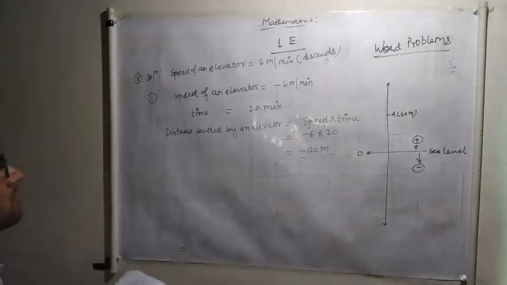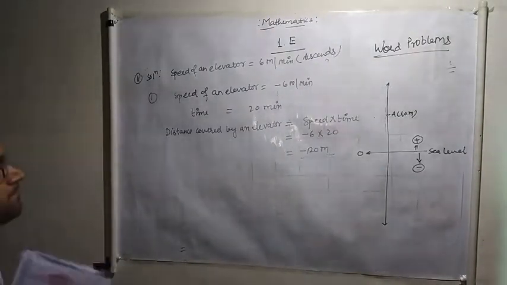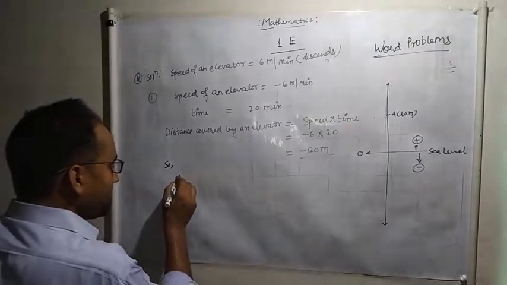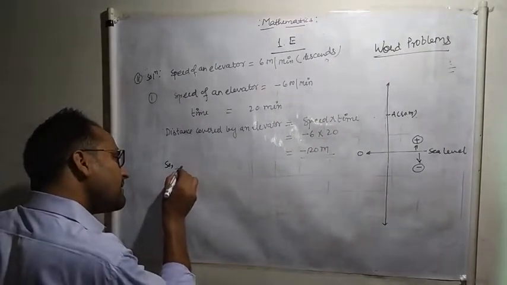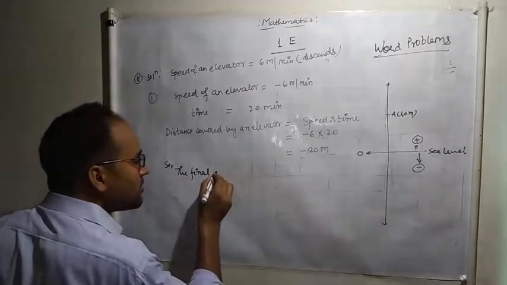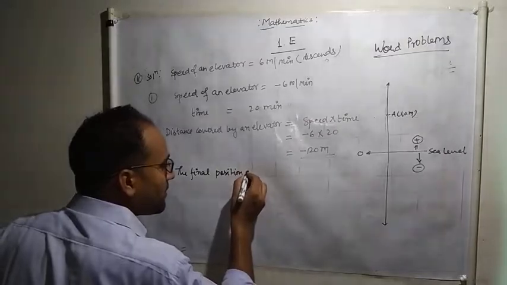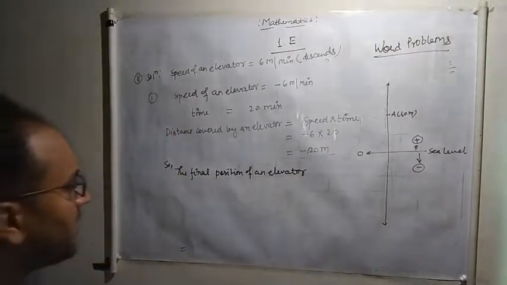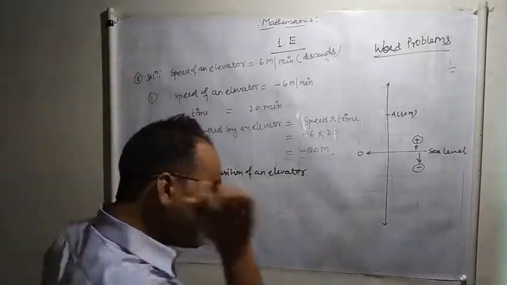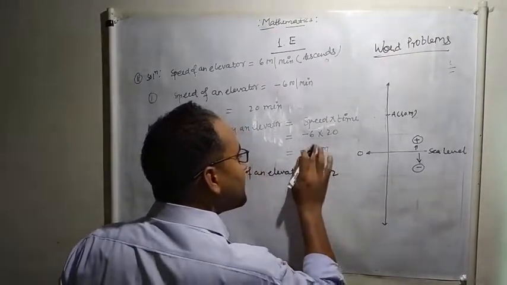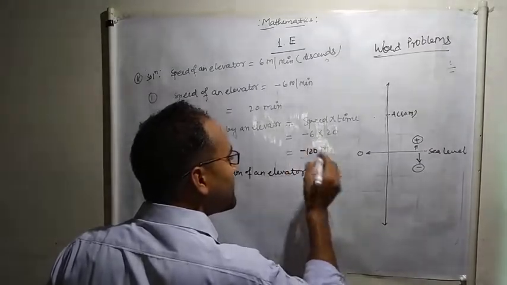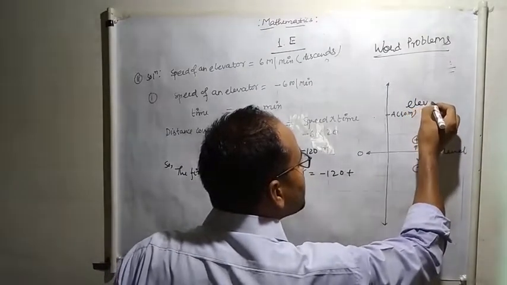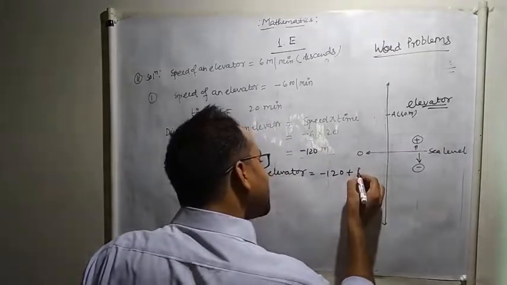So the final position of an elevator is equal to minus 120 plus, it started from this starting point, which is plus 10.